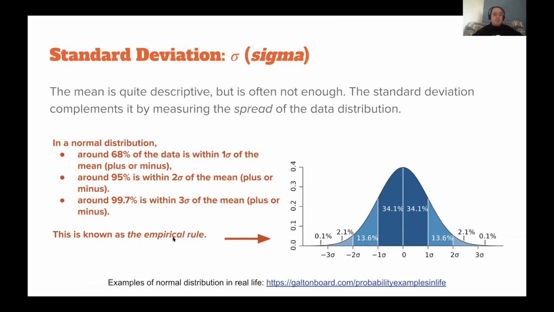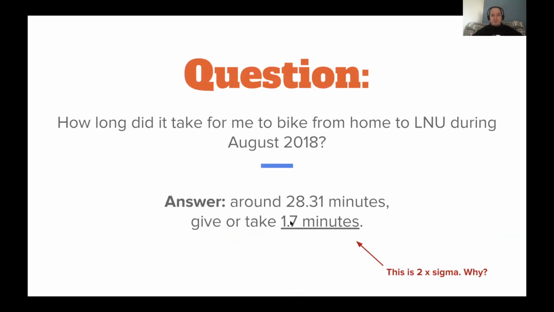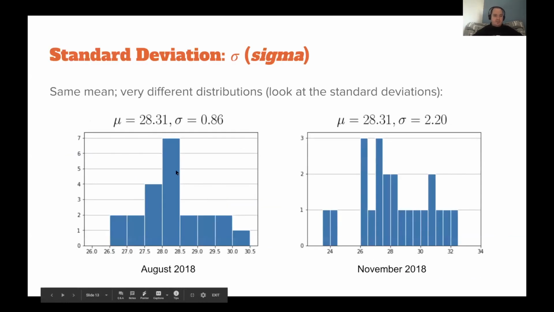This is known as the empirical rule. So whenever you hear about the empirical rule, it's basically the rule that tells you how much percent of the data is within a specific number of standard deviations away from the mean. And that's why I decided to reply give or take 1.7 minutes, because this is 2 times sigma. Since my distribution here looks roughly normal, right? It's not perfectly normal, but it looks roughly normal.